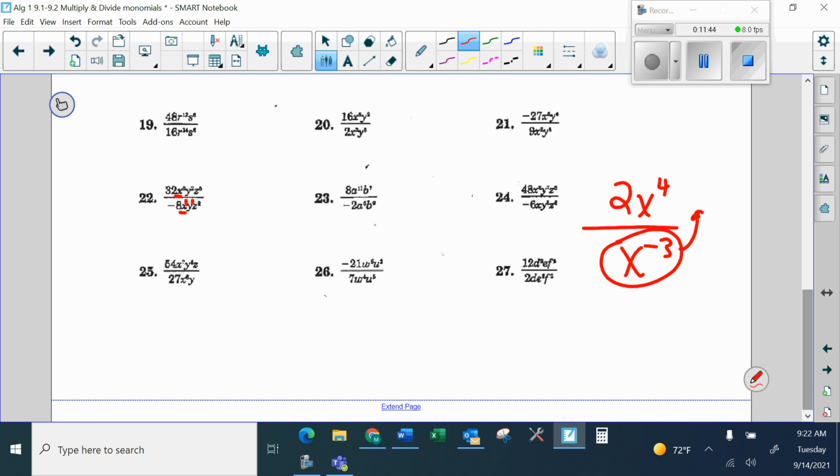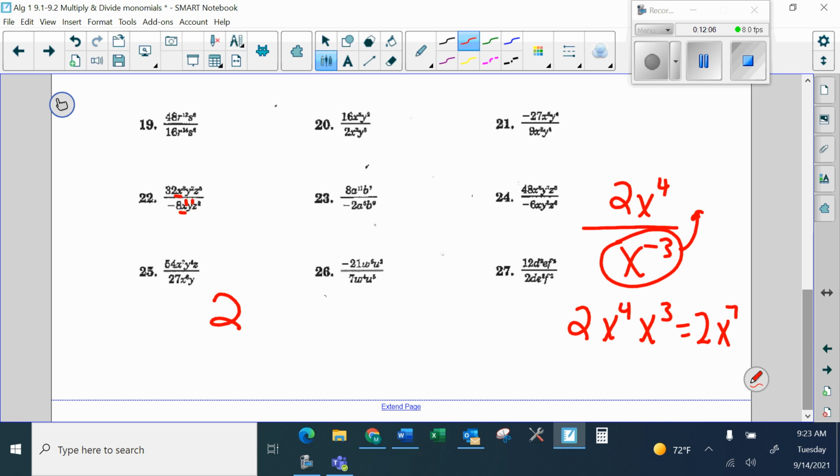I move it up there. So now it'd be 2x to the 4th times x cubed. That's like the front page: we're multiplying like bases, the base stays the same, and we add the exponents. 4 plus 3 is 7. So that's the other way, to just move your negative exponents from wherever they were, in this case the denominator, up to the numerator.